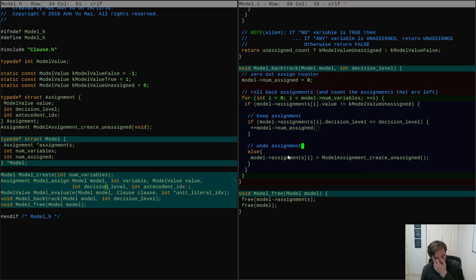Right? So when we undo it, we just set it to unassigned. If we keep it, we count it, because we're starting from 0 and counting all of them again.